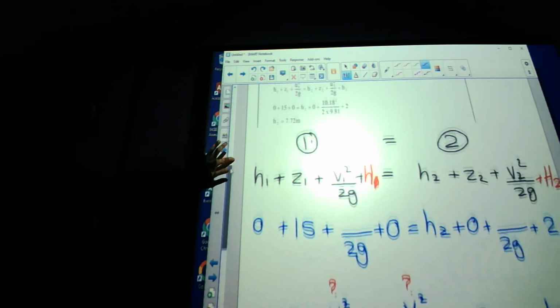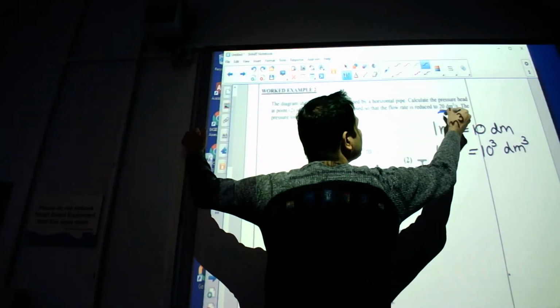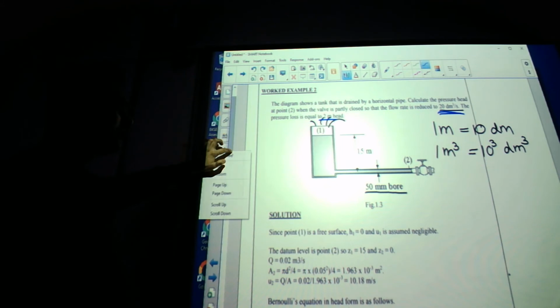Let's go back to the question. The question says the flow rate is reduced to 20 decimeter cube per second. So that is the flow rate. First thing I need to do is convert 20 decimeter cube into meter cube.